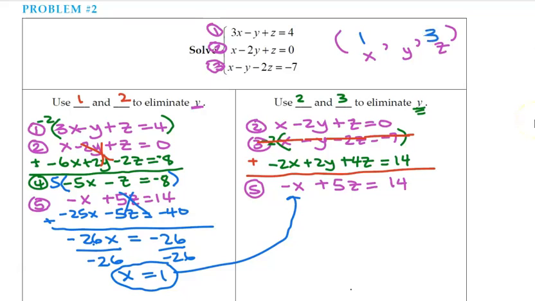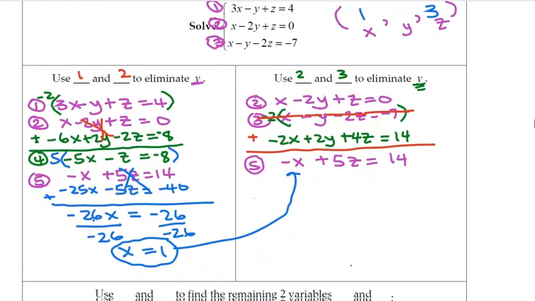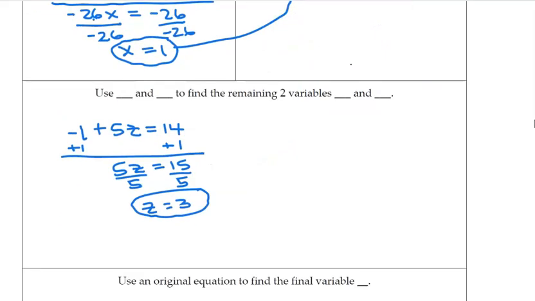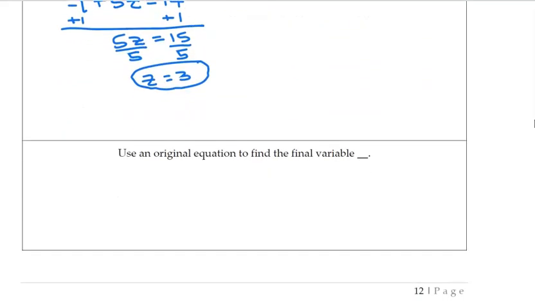All right, so all we have left to solve is y. And we need to go back up to one of these original 3 equations. And we're going to plug x and z in there so that we can solve for y. So I would pick the one that looks easiest to you. Or sometimes people just choose the top equation. So if I do that, let's write this down here.